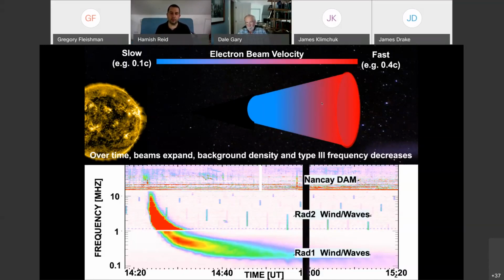And the evidence for this is that we observe electrons at spacecraft around 1 AU, which are much farther apart than we would normally expect, so quite large angles from where we can localize the acceleration region on the sun.